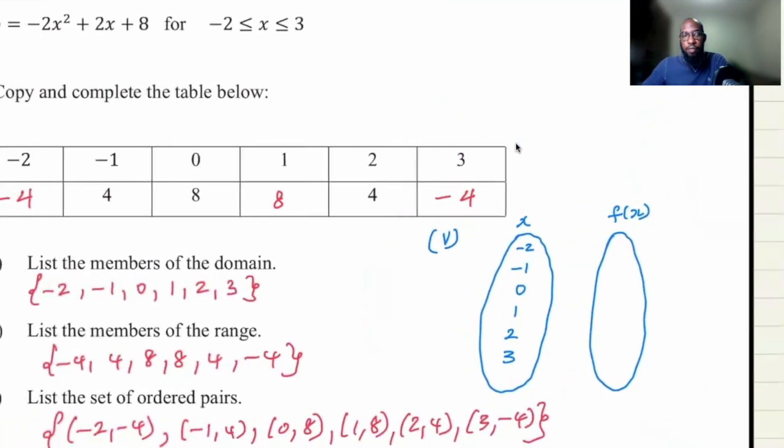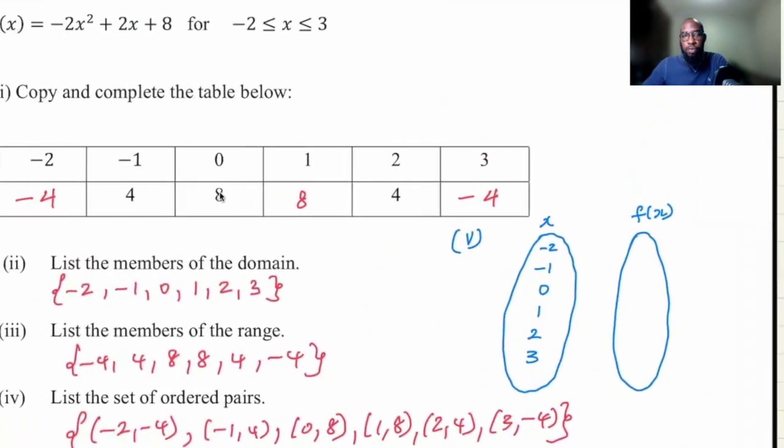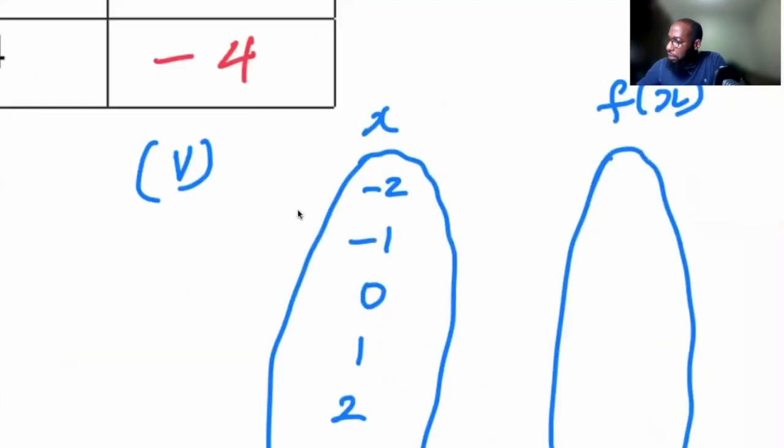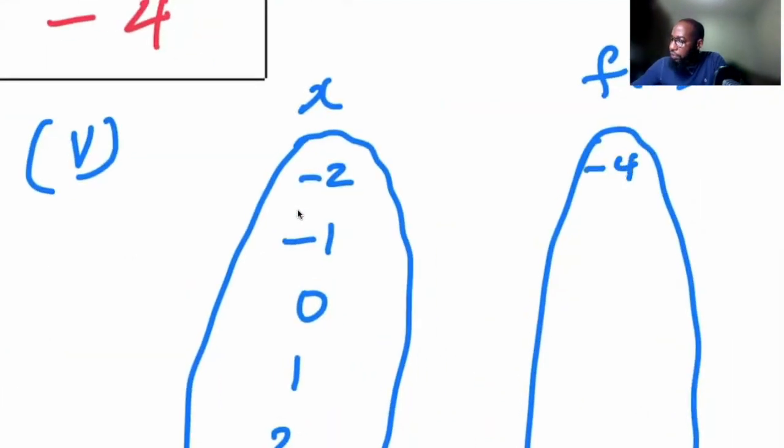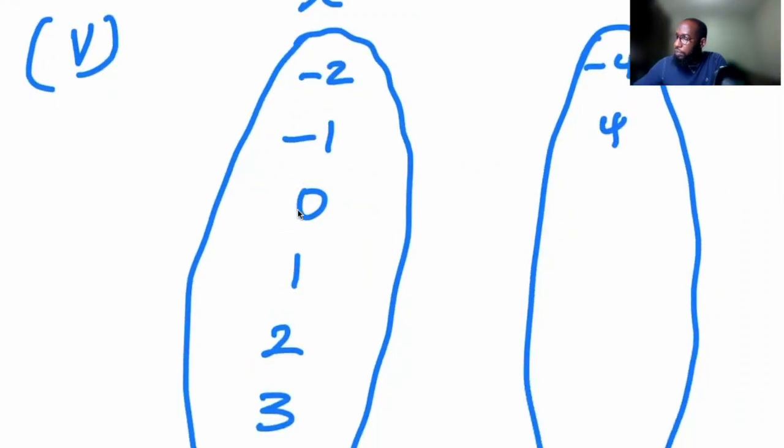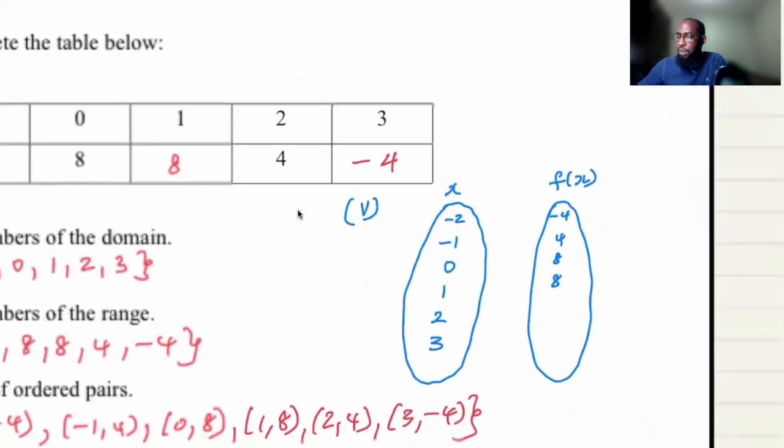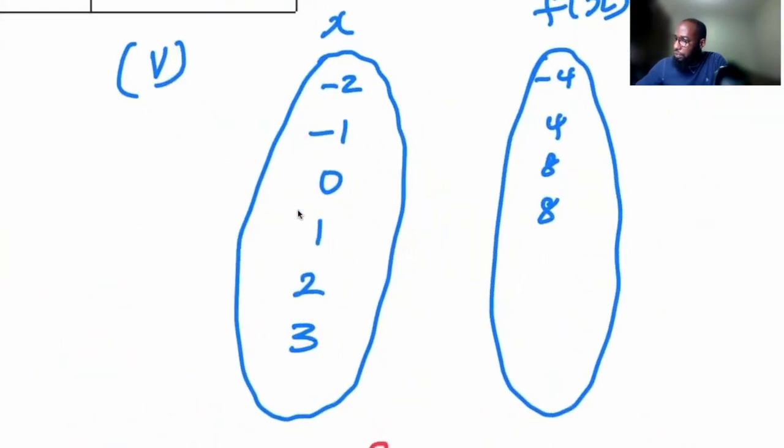Now we have negative 4, 4, 8, 8, 4, negative 4.